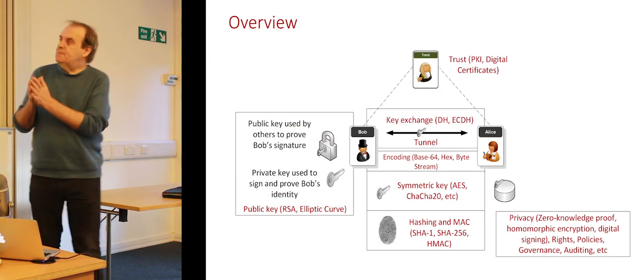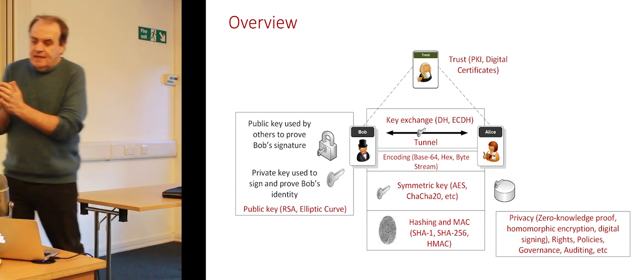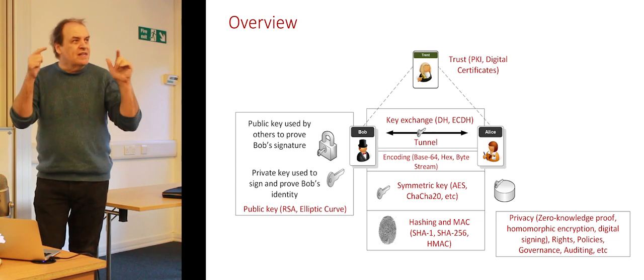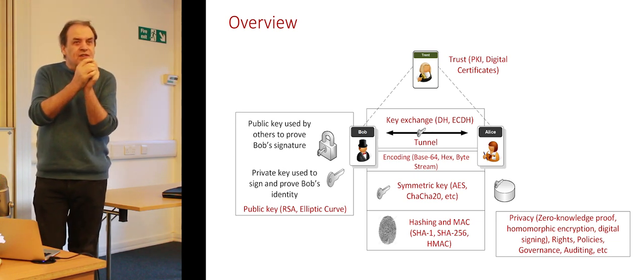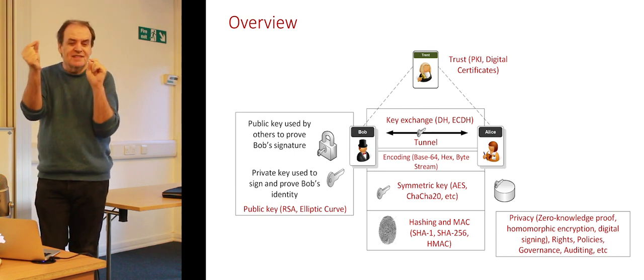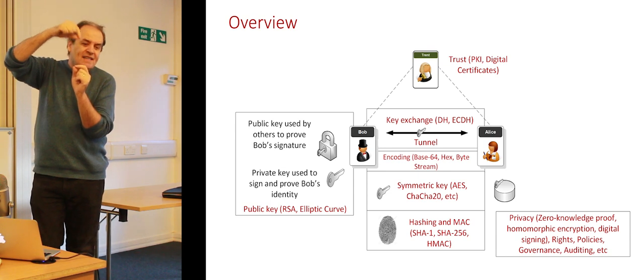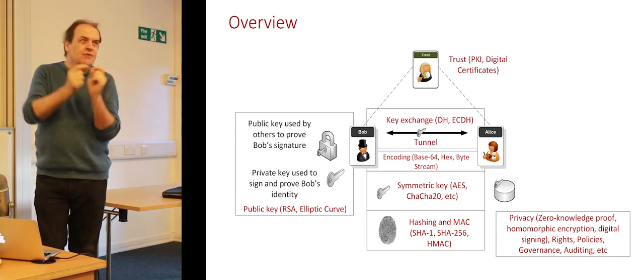Okay, so that's been our roadmap up to now. And what we're going to concentrate on is the key exchange part. So we need some way to make sure that we can create a tunnel between Bob and Alice so that Eve, if she's listening, can't act as a man in the middle, can't modify things, can't change things, and so on.